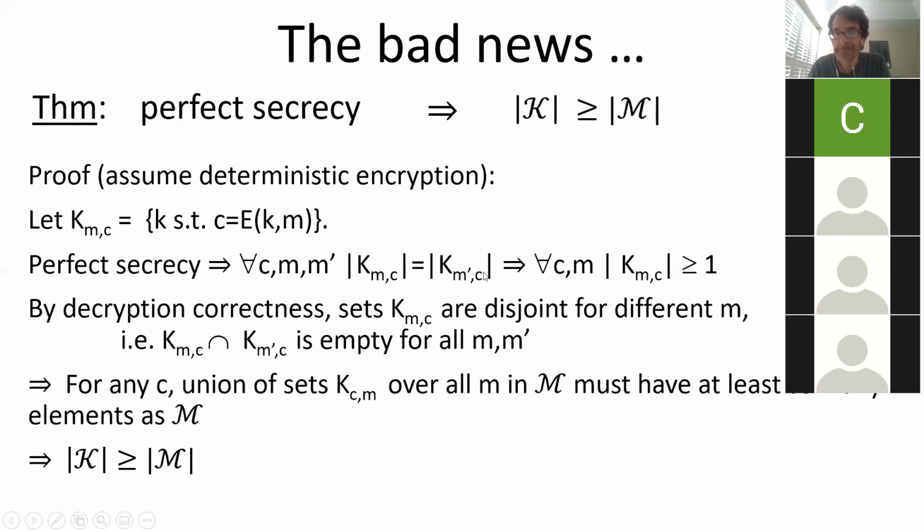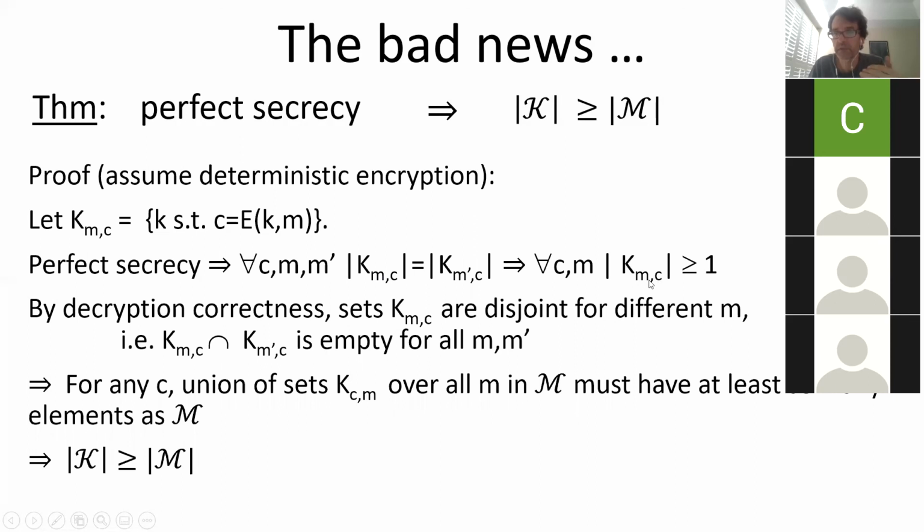In particular, it means they are non-empty, because if one was empty, then all the others are empty. But that's nonsense, because it basically means the ciphertext is never hit, so you can just as well kick it out of the ciphertext space. So any ciphertext that can be hit by any message immediately implies that every other message has to hit it.